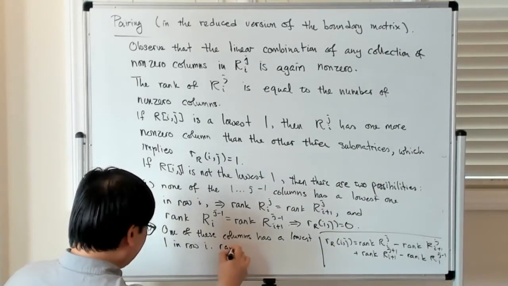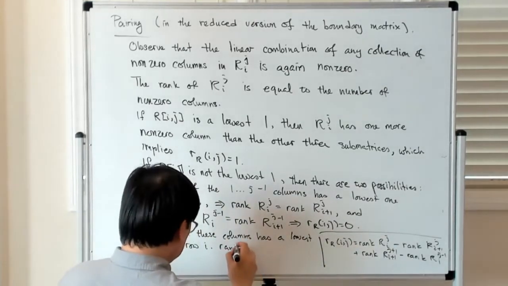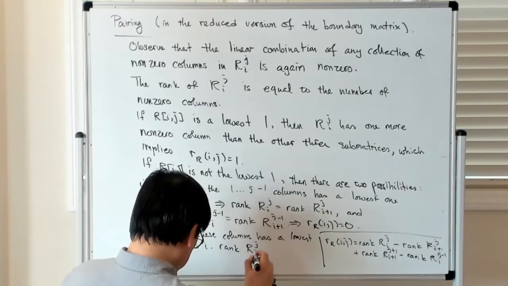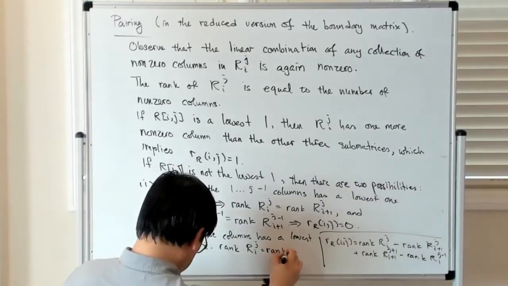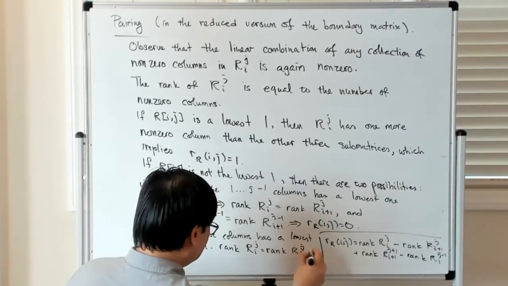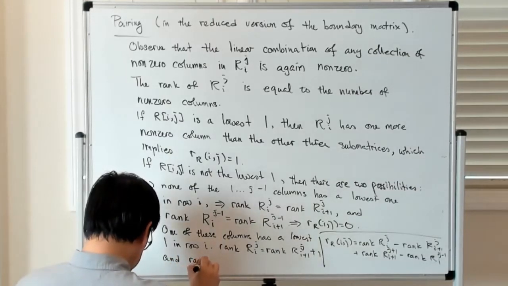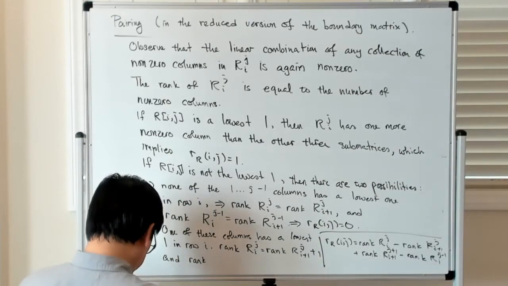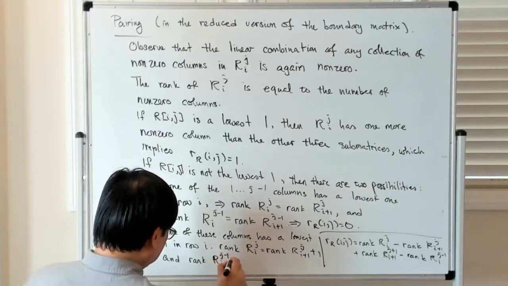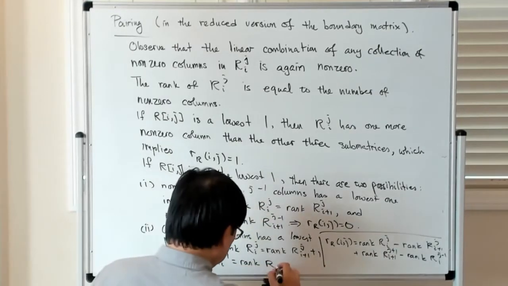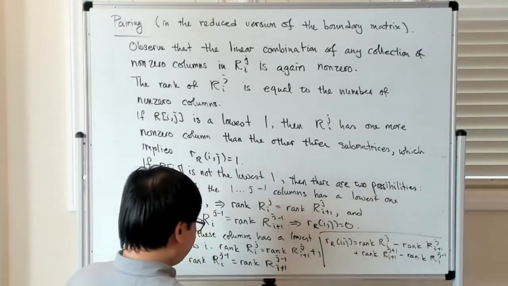then what happens is that the rank of Rij is equal to the rank of Ri plus 1j plus 1, as one more non-zero column, and that the rank of Rij minus 1 is equal to the rank of Ri plus 1j minus 1 plus 1.